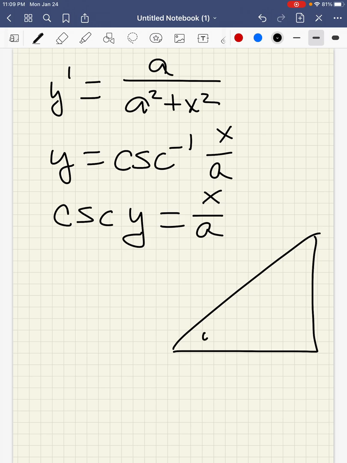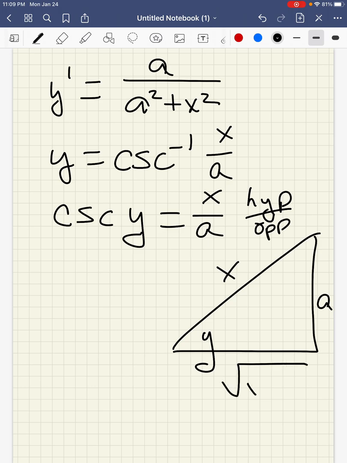So y is the angle. Cosecant is hypotenuse over opposite. So then hypotenuse over opposite means this would be square root of x squared minus a squared.